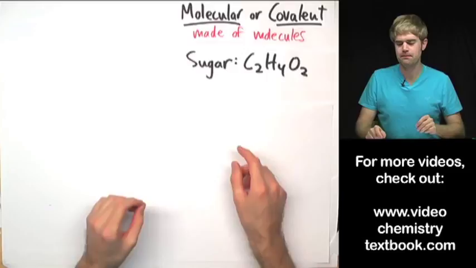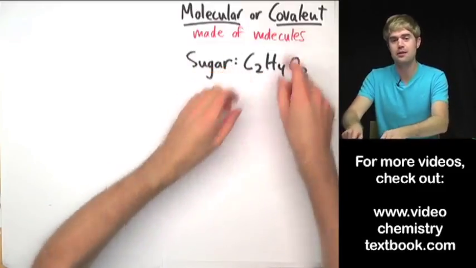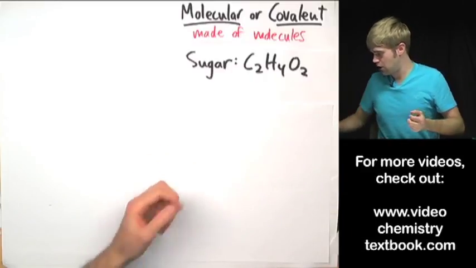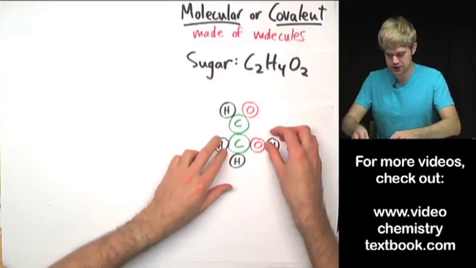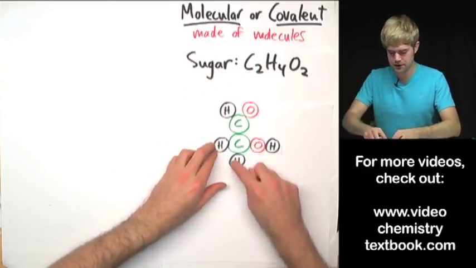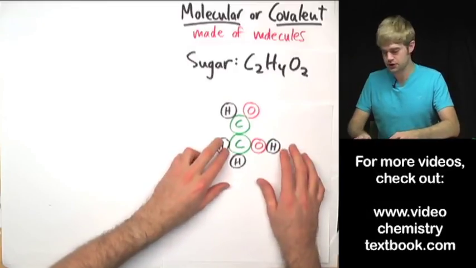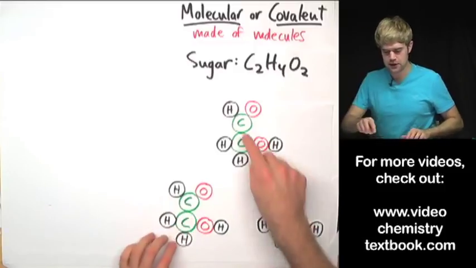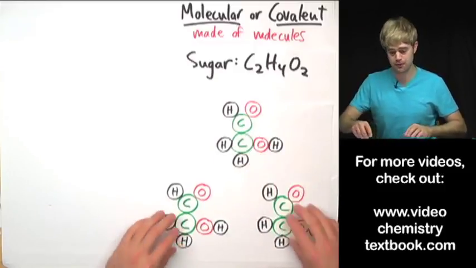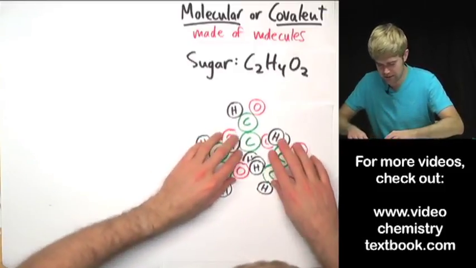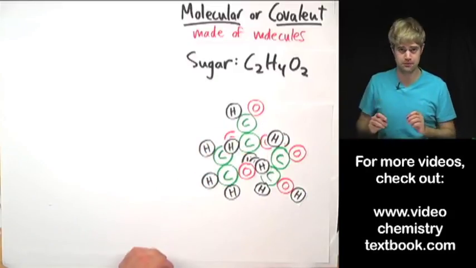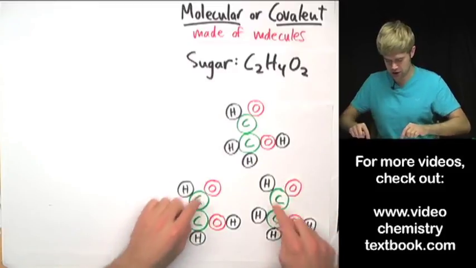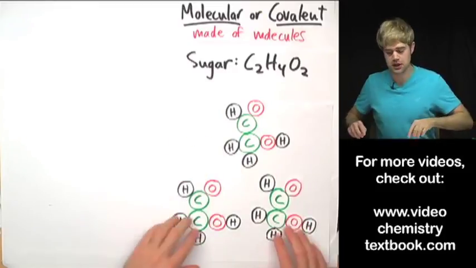Sugar is a very common type of covalent compound, and it is made of molecules where I have these atoms here stuck together in a clump: 2 carbons, 4 hydrogens, and 2 oxygens. So a grain of sugar would look like this. It would look like a number of different sugar molecules that have all come together and formed a clump here.